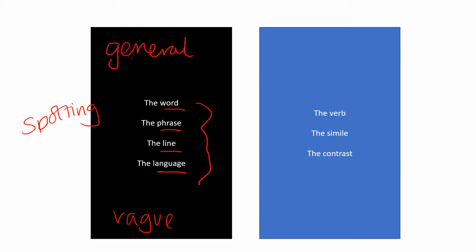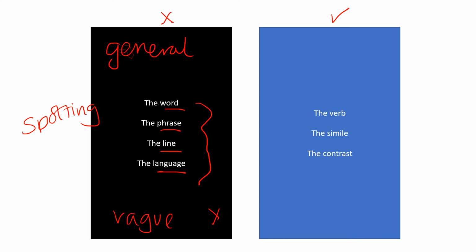There's no real skill. If we have a look at how students are marked, this student will do better than this one, simply because they're using technical terminology. The examiner, or whoever is marking your question, will be looking to see that you're using technical terminology. So we need to be talking about things like the verb, the simile, the contrast.